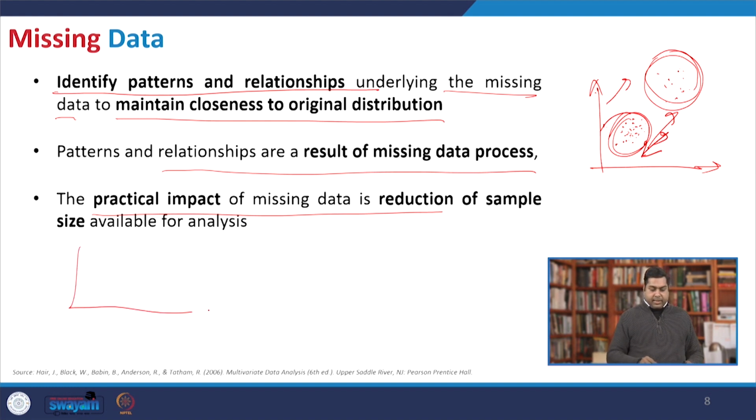Similarly, if it is secondary data, there might be some sort of data error, and you can have different types of missing data. Then either you interpret it so that you can retain the sample, or else you have to remove it. So, the first point is very important: you have to identify the pattern of the rest of the data and then take the decision on the missing data to maintain the closeness.